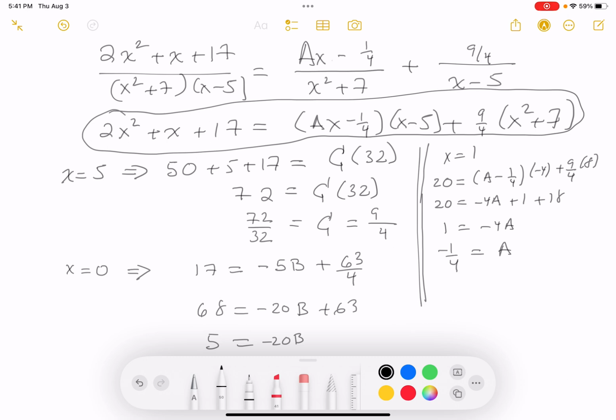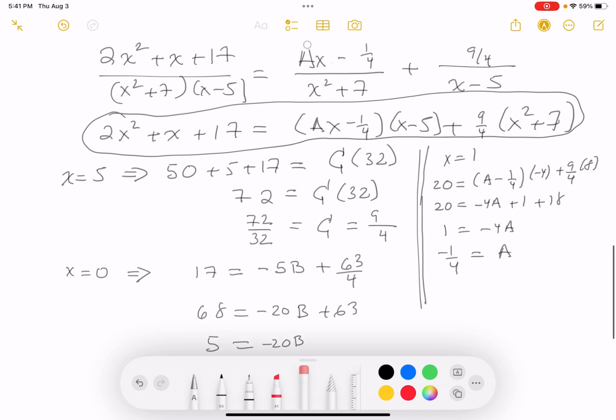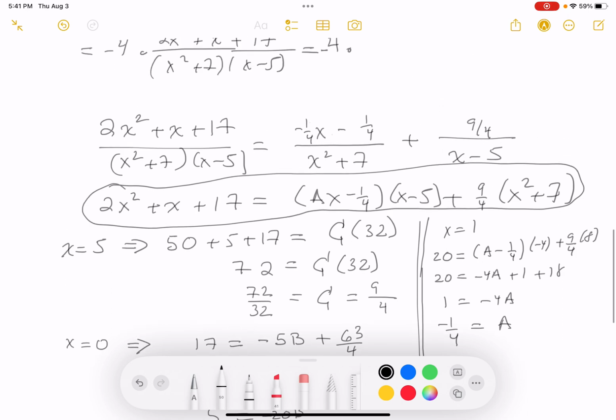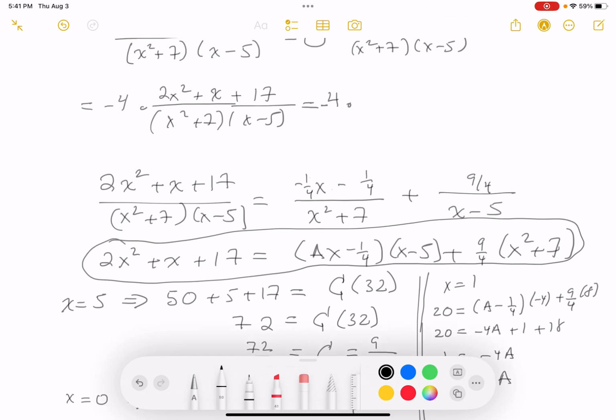So a is minus 1/4. I get my eraser out and erase the a. What's the a? Minus 1/4. All right, I don't need to do the other one, so I think I'm okay. Let's go back up here and write it down.